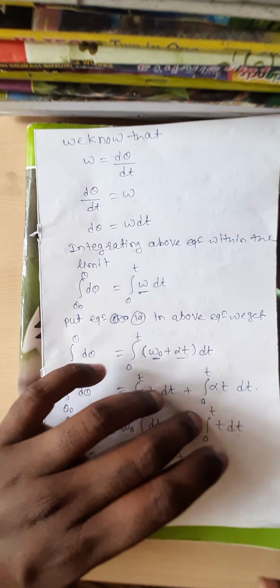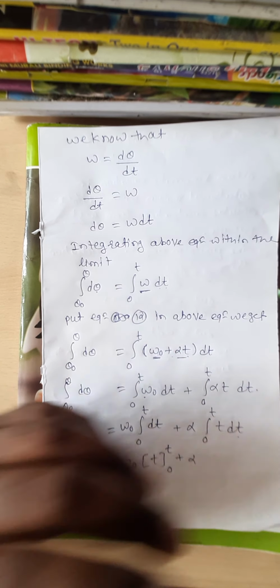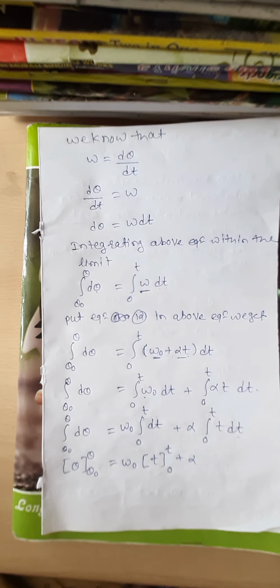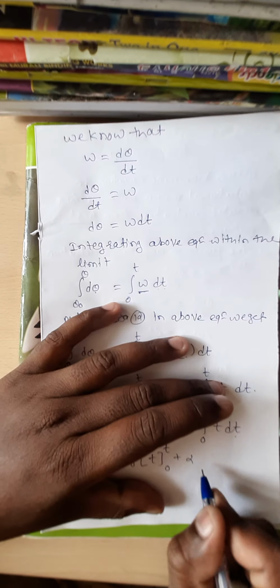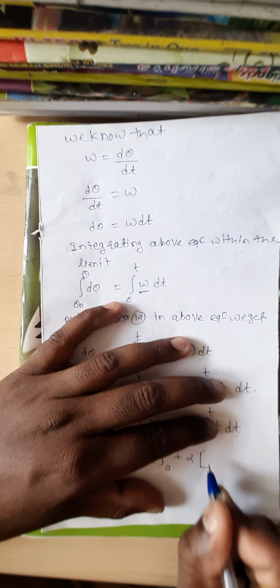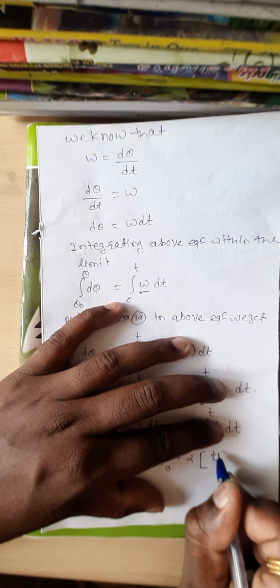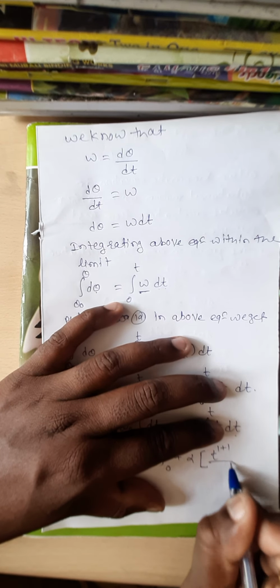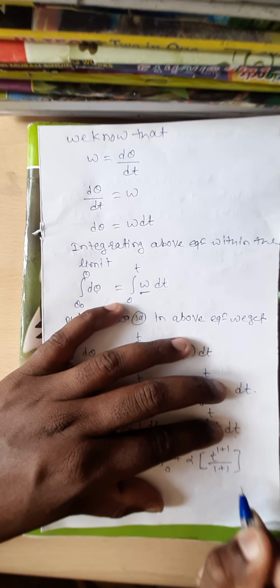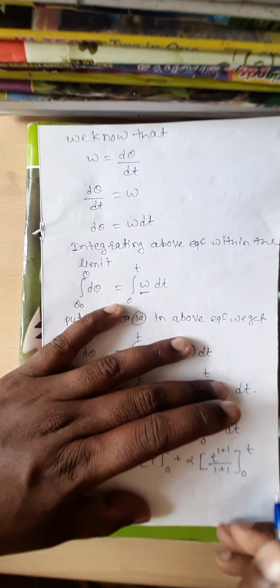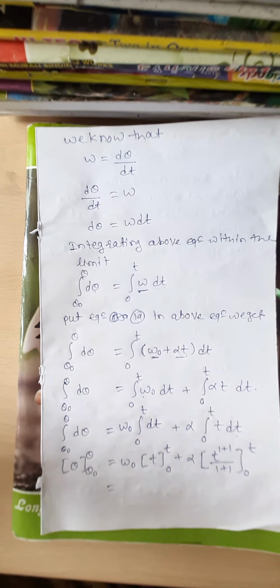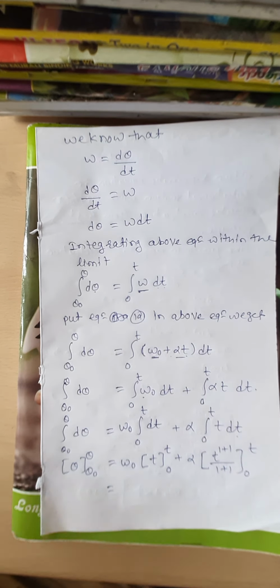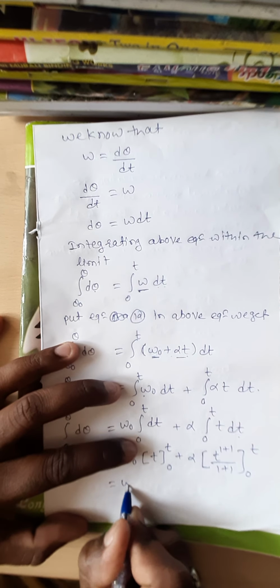We know the rule: integration of x to the power n dx is x to the power n plus 1 divided by n plus 1. Here we have t, so its integration is t to the power of 1 plus 1 divided by 1 plus 1, with lower limit 0 and upper limit t. This is t to the power of 2, that is t square, divided by 2.